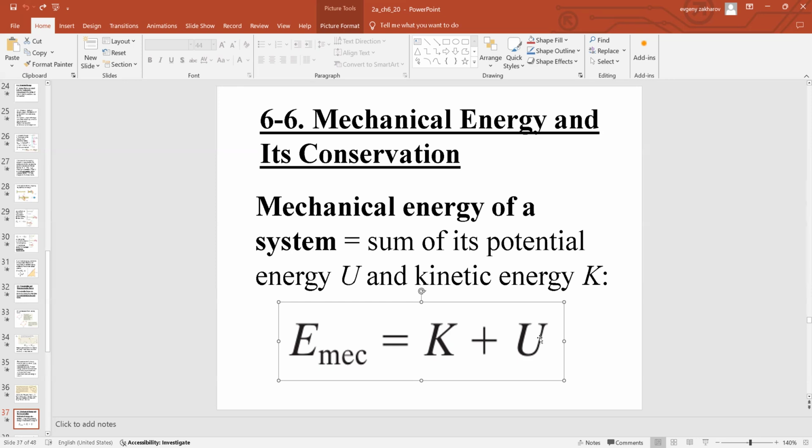And it's K plus U before something equals K plus U after something. And you solve for what's missing using what's given. Very easy and straightforward calculations.